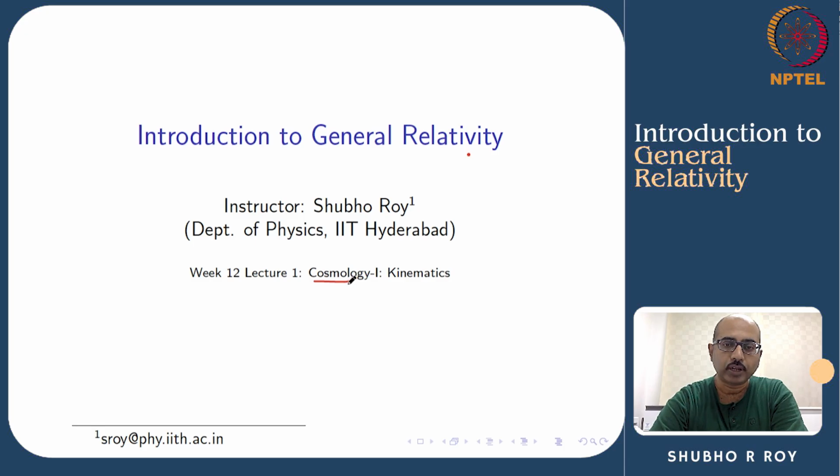Now, this lecture is titled Cosmology Part 1, Kinematics, where we will exploit symmetry and symmetry alone of our universe at the larger scales, namely spatial homogeneity and isotropy, to constrain the form of the spacetime metric or interval to a form which is called the Robertson-Walker metric.